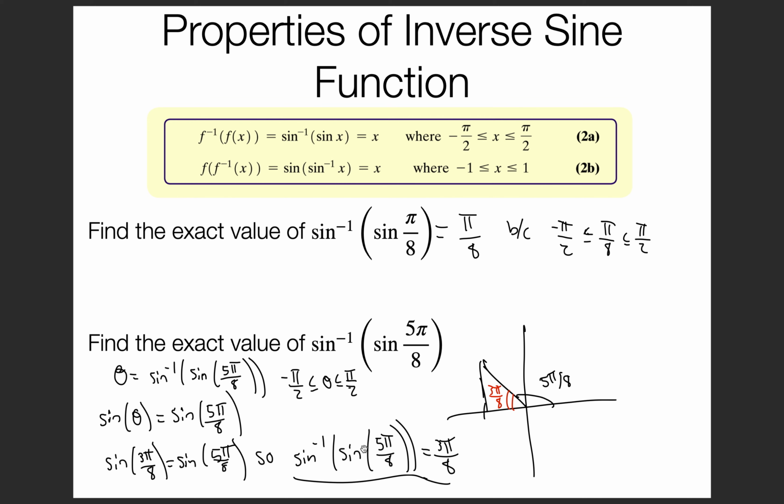Part of what we did behind the scenes in that first slide, not the approximate value, is that we took the sine of both sides, and that somehow canceled out the sine inverse, and we were just left with a value.